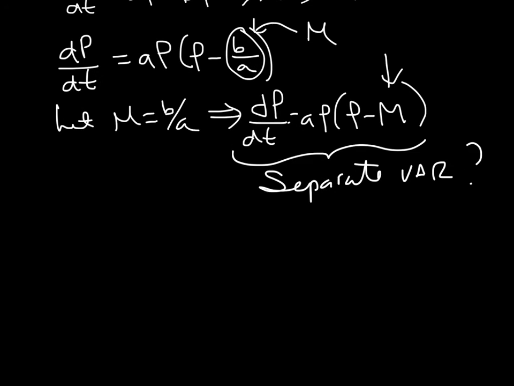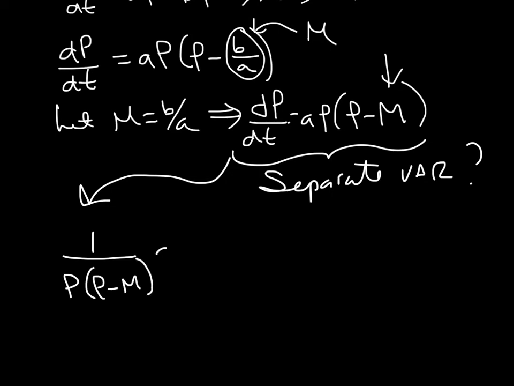And so separating the variables, we obtain the following. So let's just move that here. So after separating the variables and moving things around, we're going to be left with 1 over P times this quantity, dP of course, is equal to a dt.